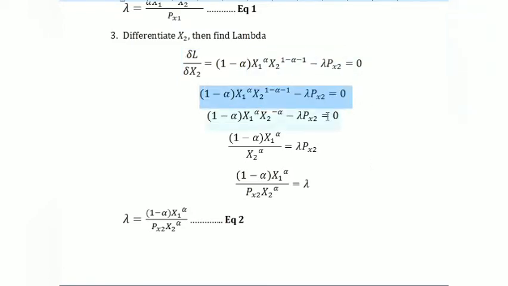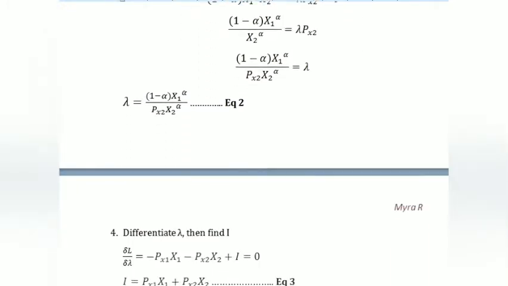Then we simplify the equation. We bring lambda to the right, leave lambda alone, and then divide with the price of x2, so we get equation 2.